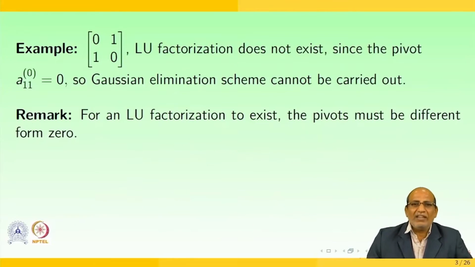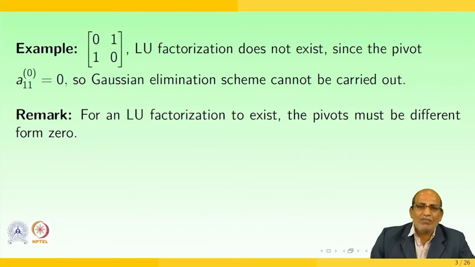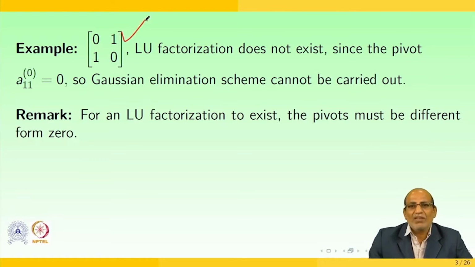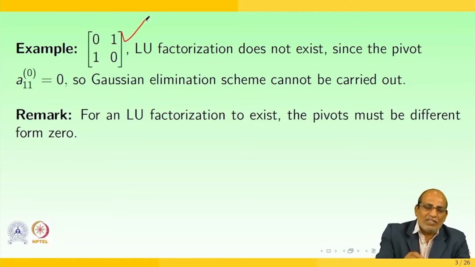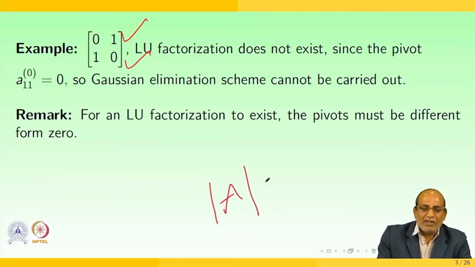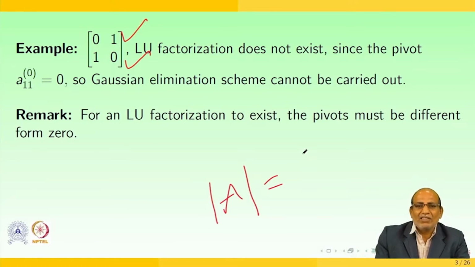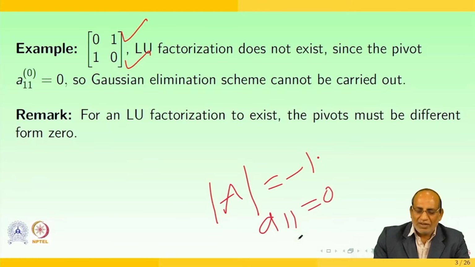Now let us see a simple example. Let's say the first row is 0, 1, and the second row is 1, 0. What is the determinant of this matrix? The determinant is minus 1. What about the pivots? A11 is 0, and A22 is also 0.